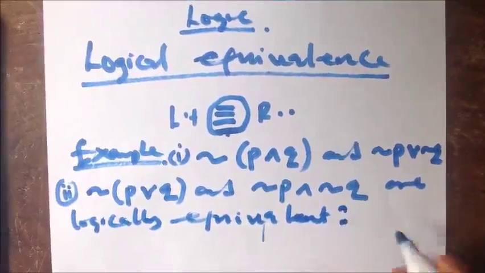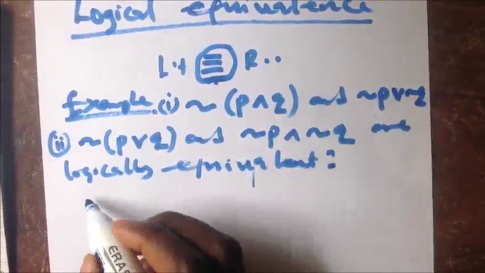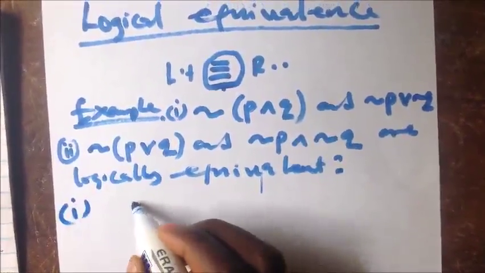Now this is the question. So to test these two, let's say the first one, using a truth table.